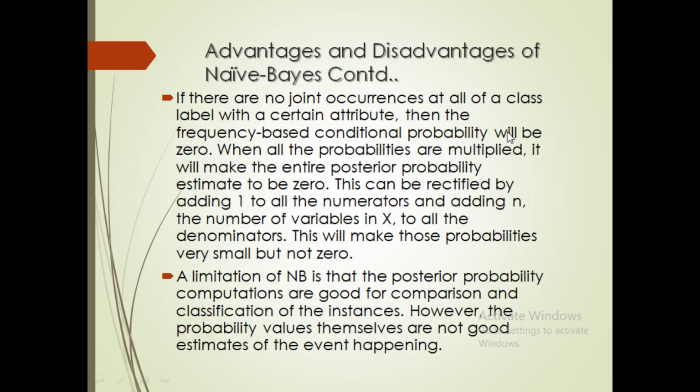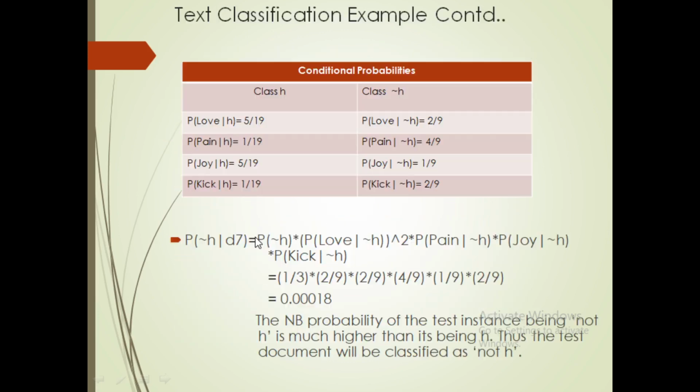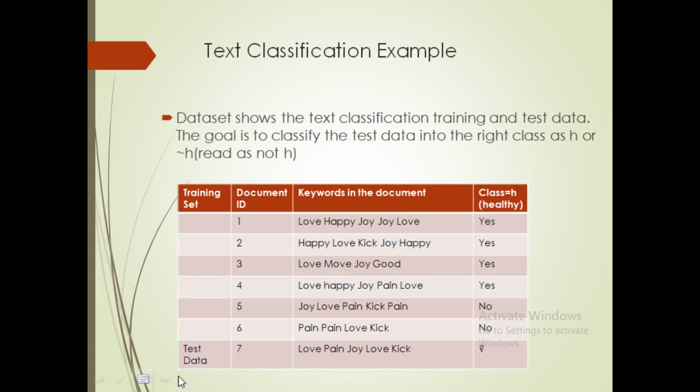For solving this, what we will do is, this can be rectified by adding 1 to all the numerators and adding n, that is the number of variables in x, to all the denominators. That is, when we are going to calculate this over here, for the numerator we will add 1: 1 plus 1, 2 plus 1, 2 plus 1, 4 plus 1. Like this, for all the numerators we are going to add the value of 1, and for the denominator after this we will add n, like how many distinct words we have in the given training instances.